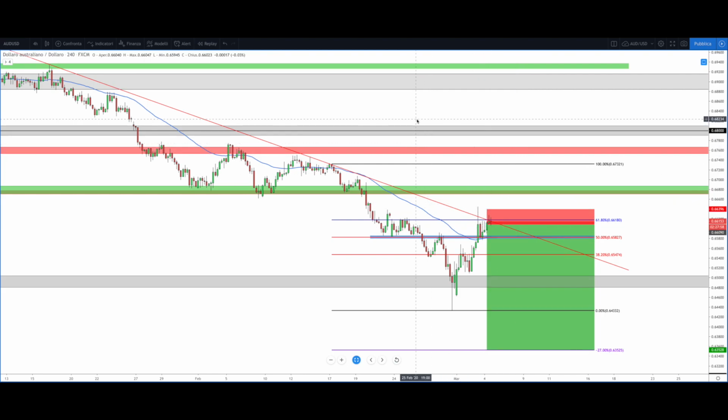But today, the dollar index, as explained before, has reached a key level, 97.097, and the bullish trend line.